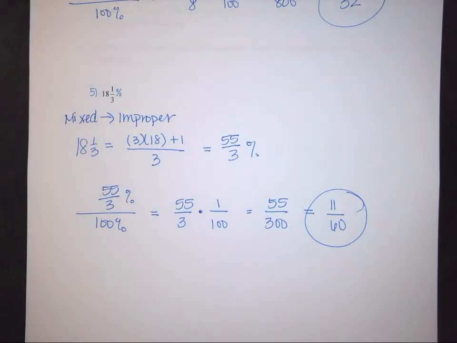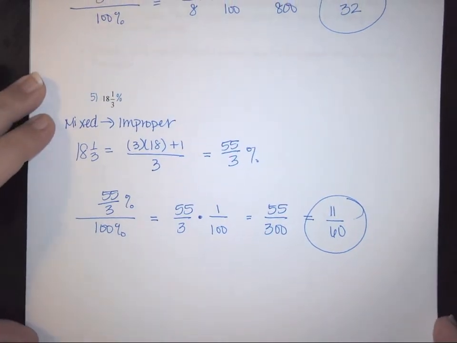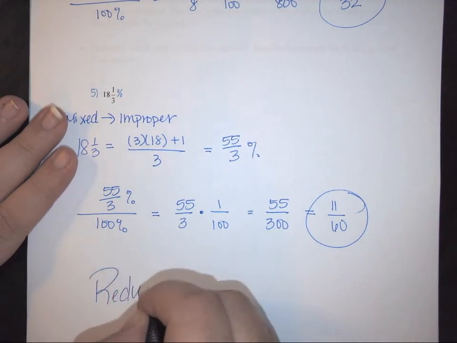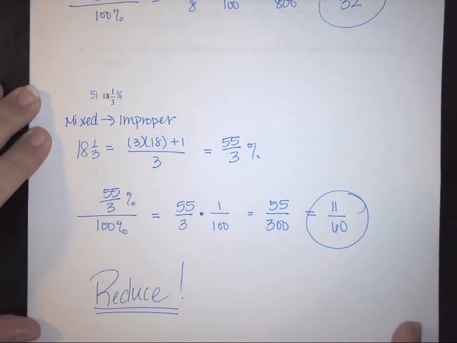So those were all different examples of being able to go from a percentage into a fraction. And then remember, the rule of thumb is reduce, reduce, reduce. Okay?